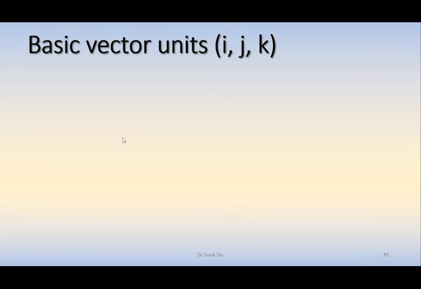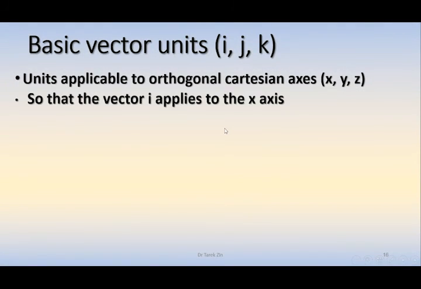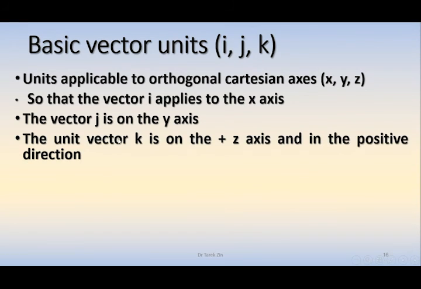Let's see the basic vector lines in space. As I said before, in space I will not work in depth, it is only illustrative so you know how important these vectors are when you work in space. You have your coordinates x, y and z, and the unit vectors: i is applied for x, j for y, and k for z, and the condition is that z should be positive.